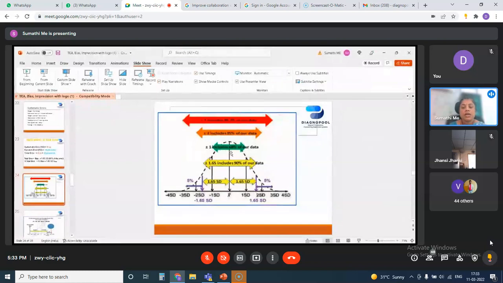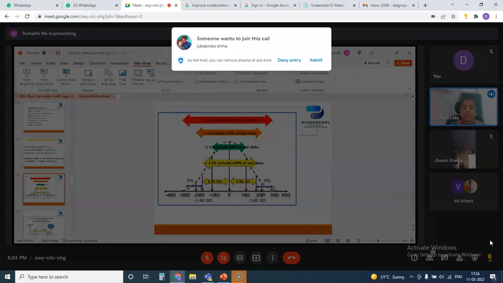When you include the 2 SD limit, it includes 95% of your data points. And when you include up to plus or minus 3 SD, we can include up to 99.7% of our quality control data. The rest is excluded from the analysis and is considered as outliers.